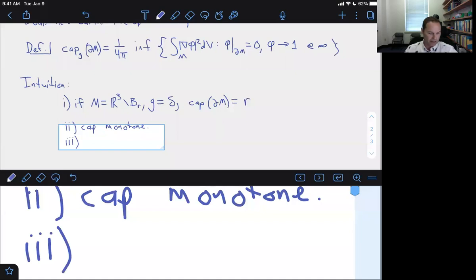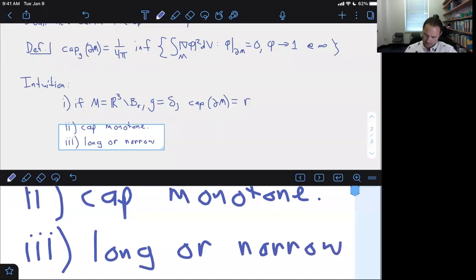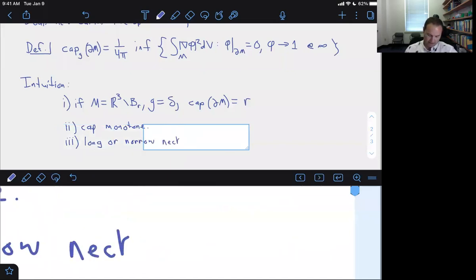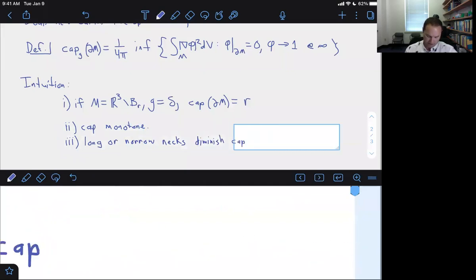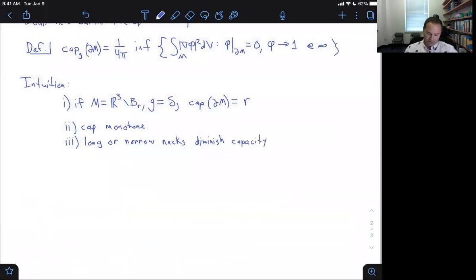Another thing that's useful to think about is some situations where the capacity is really forced to be small. I'll think of this as long or narrow necks. Long or narrow necks diminish the capacity or imply small capacity. So what do I mean by this?